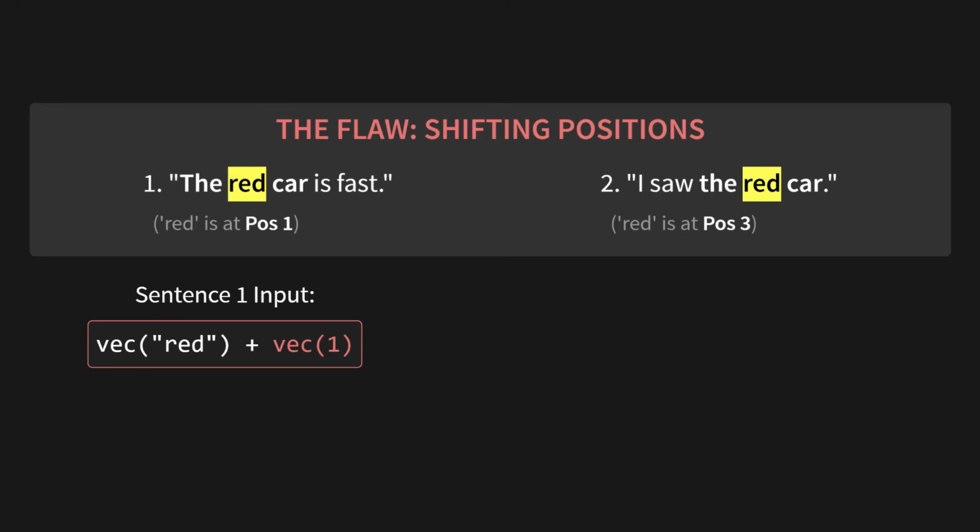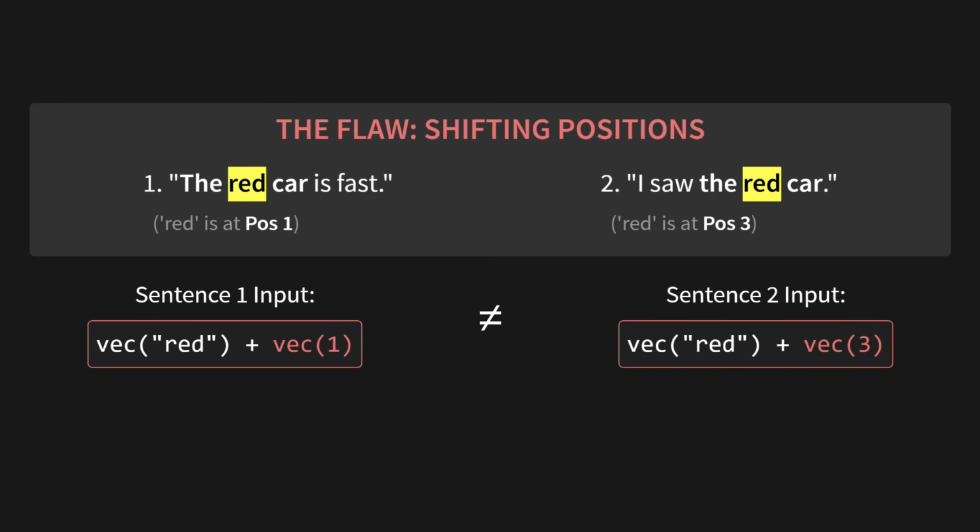Now let's look at the actual input vector the model gets for the word red in both cases. In sentence 1, the input is the vector for red plus the vector for position 1. Okay, but in sentence 2, the input is the vector for red plus the vector for position 3. These are completely different vectors for the exact same word.